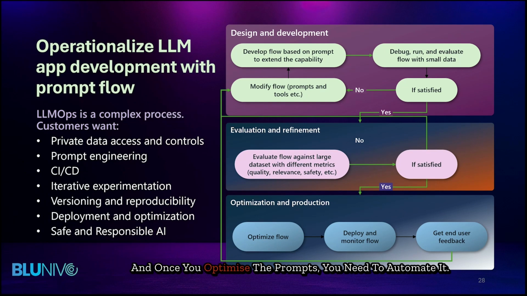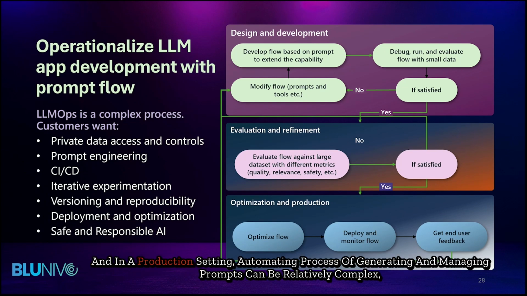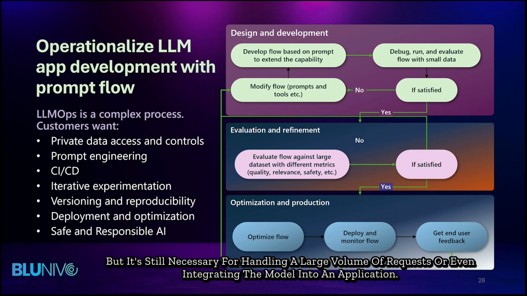And once you optimize the prompt, you need to automate it. In a production setting, automating the process of generating and managing prompts can be relatively complex, but it's still necessary for handling a large volume of requests or even integrating the model into an application.